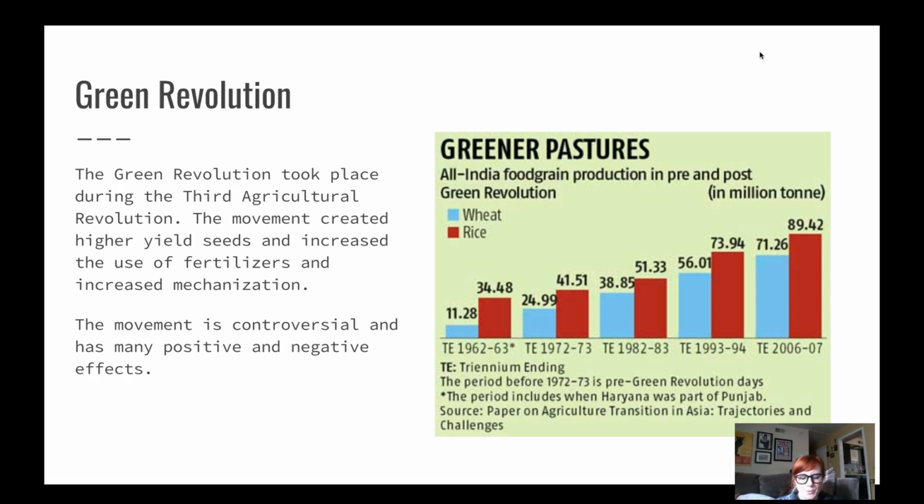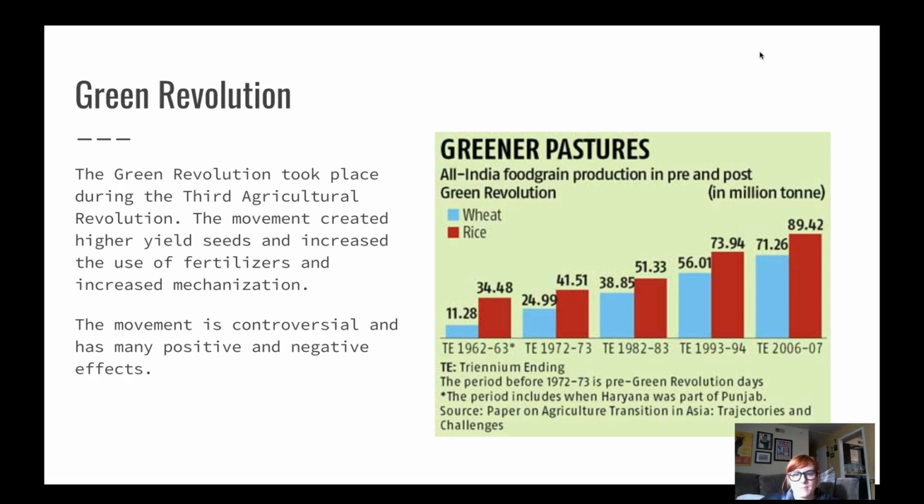Okay, so as I said, we're talking about the third agricultural revolution. Remember, the first agricultural revolution was when we switched from hunters and gatherers to the domestication of animals and permanent settlements. The second agricultural revolution was the switch to mechanization of farming, so machines doing most of the work instead of people doing most of the work, although as we've talked about, there's lots of forms of agriculture that still use lots of labor, right?